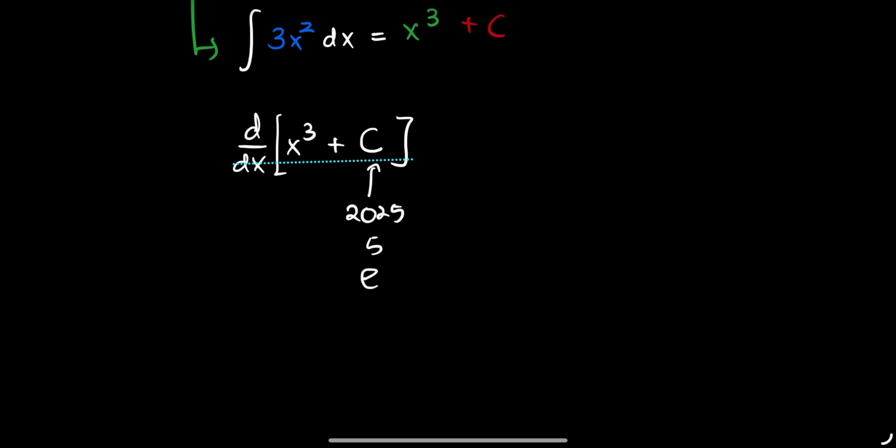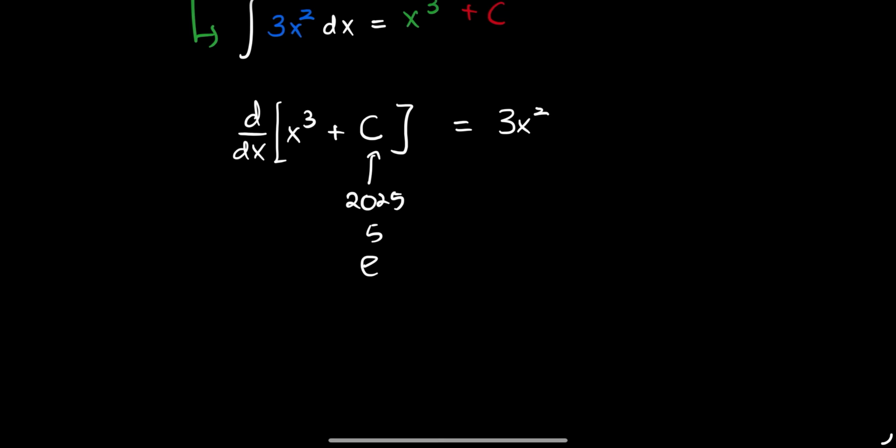You know that when we differentiate a constant, it's just 0. So no matter what, we get 3x squared, right? So by that theory, if we integrate 3x squared, we get back x cubed plus c, and that c can be anything because there is an infinite number of antiderivatives that differ by just a constant.